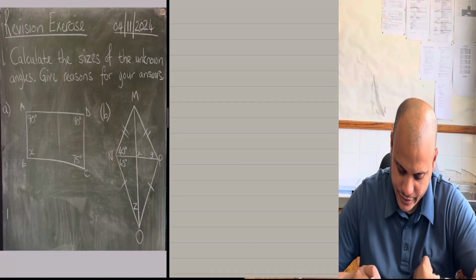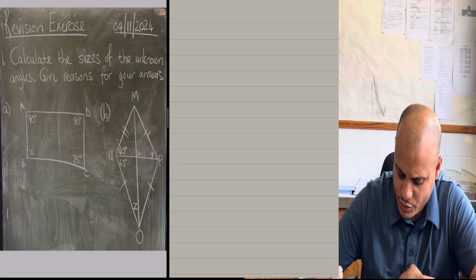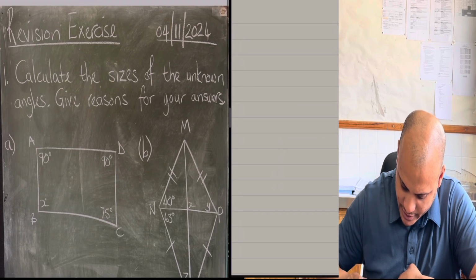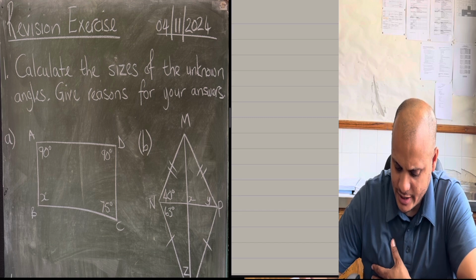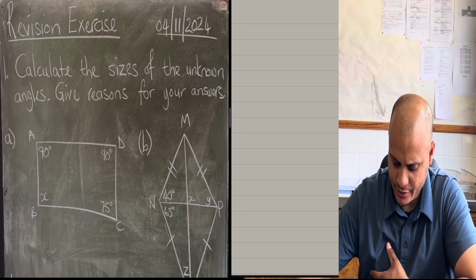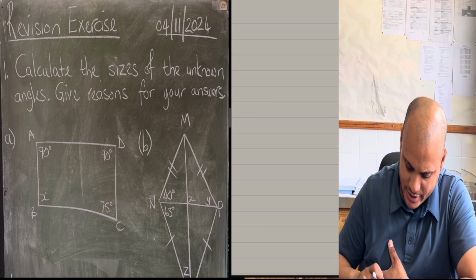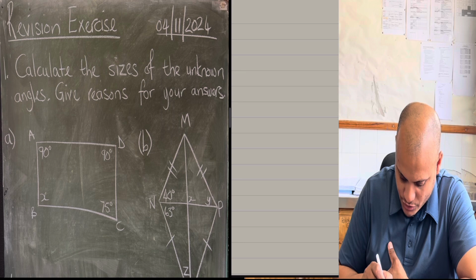Alright, so we've got a screenshot here from the exercise as it was written on the board, and as you can clearly see, we've got the instruction. The instruction is: calculate the sizes of the unknown angles and give reasons for your answers. So question 1a, as we can see here, is a quadrilateral.